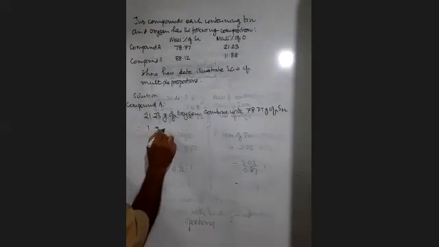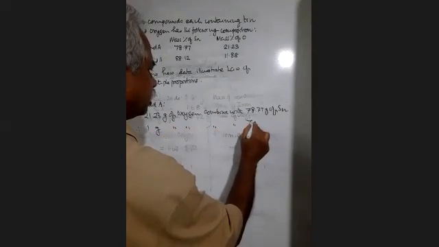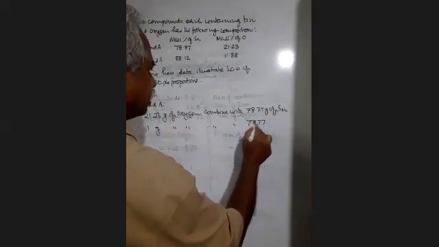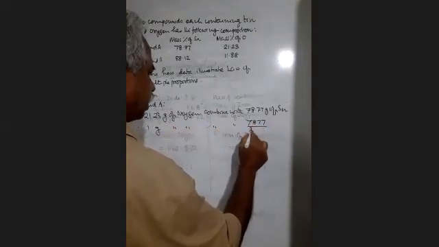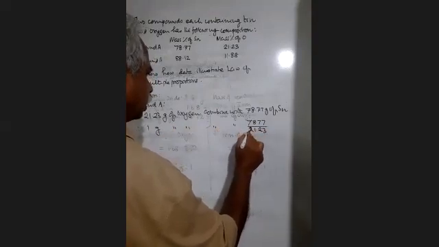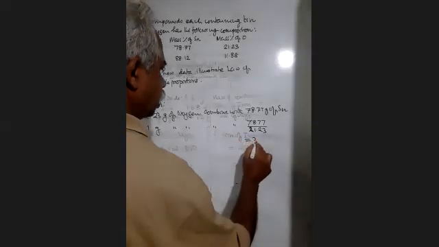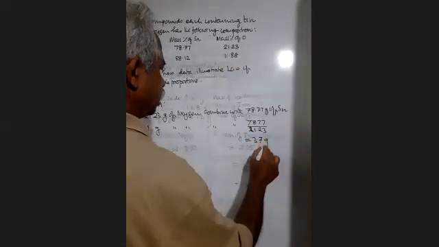Therefore, 1 gram of oxygen combined with 78.77 divided by 21.23. So how much does it come? It will be equal to 3.7 gram.